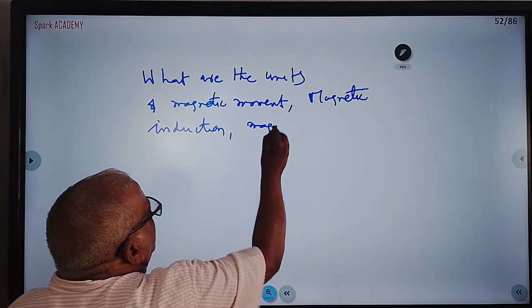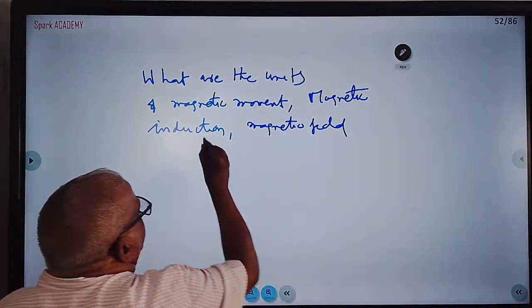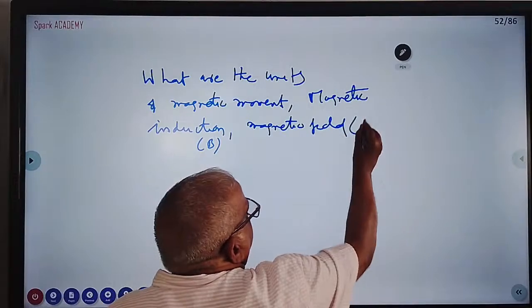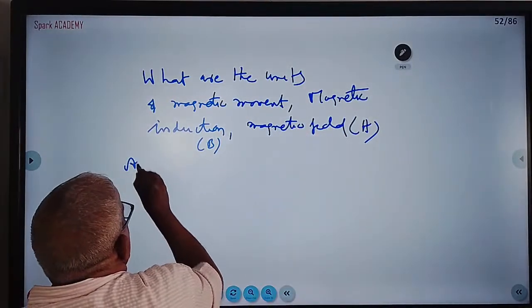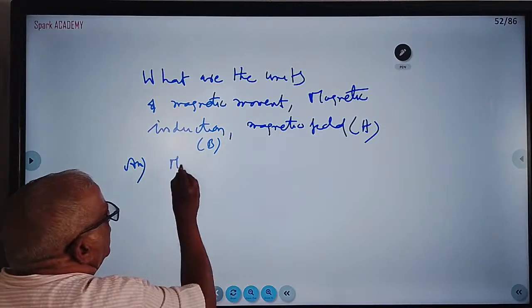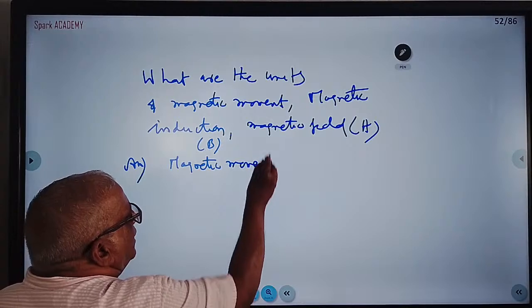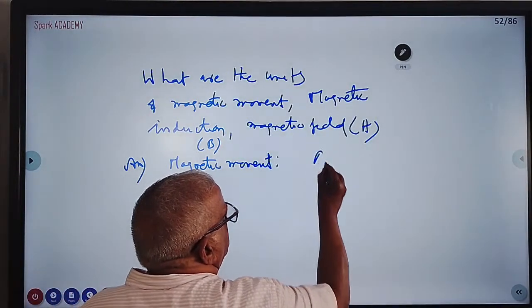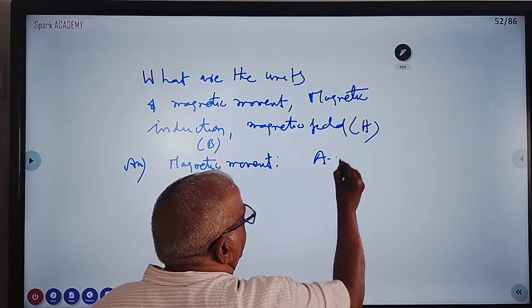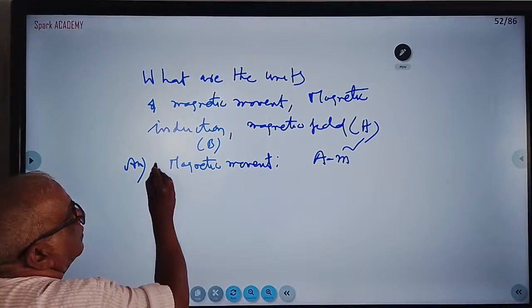And magnetic field means intensity of field. Magnetic induction means B, magnetic field means H. Magnetic moment is current into area. We are writing only SI units. Magnetic moment: ampere meter square, ampere into meter square.